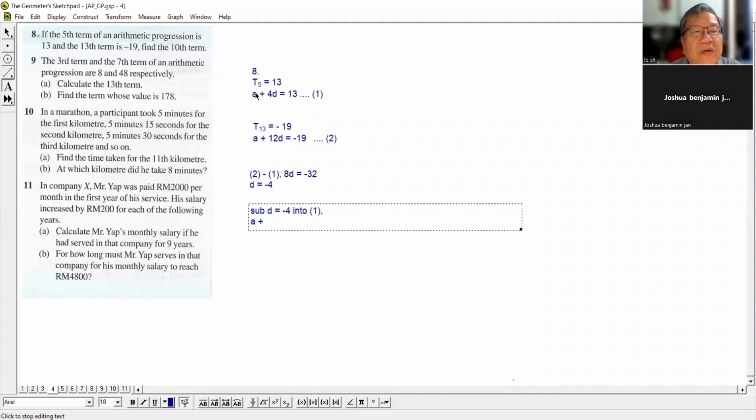A plus 4D, A plus 4 times negative 4 equals 13. So 4 times negative 4 is how much?